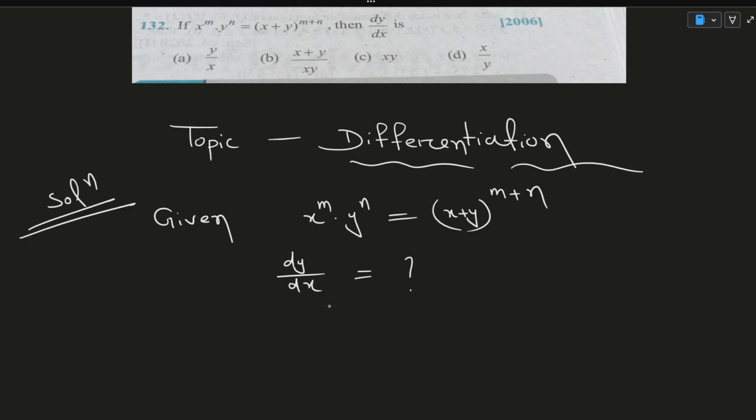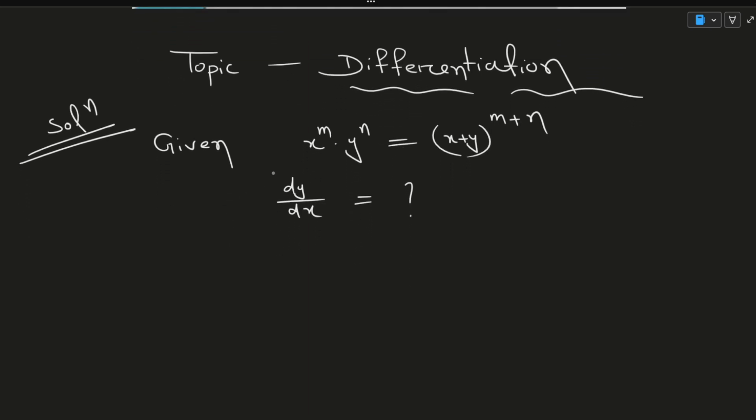Okay, so we will take the derivative on both sides, as it is an implicit function. From the relation that we are given, it is clearly identified that it is an implicit function.